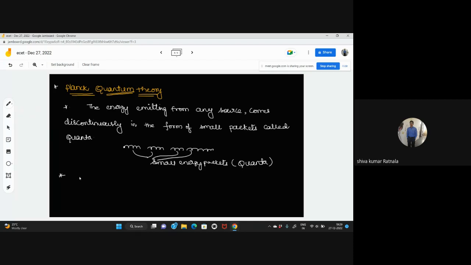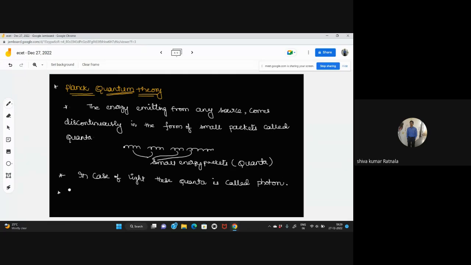In the case of light, these quanta are called photons. Okay?